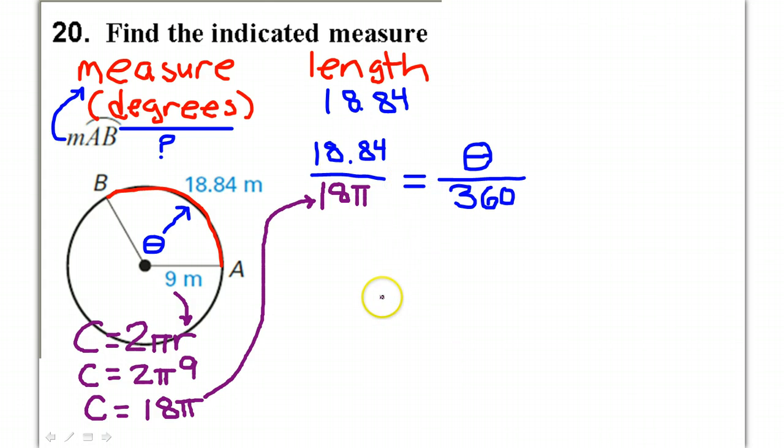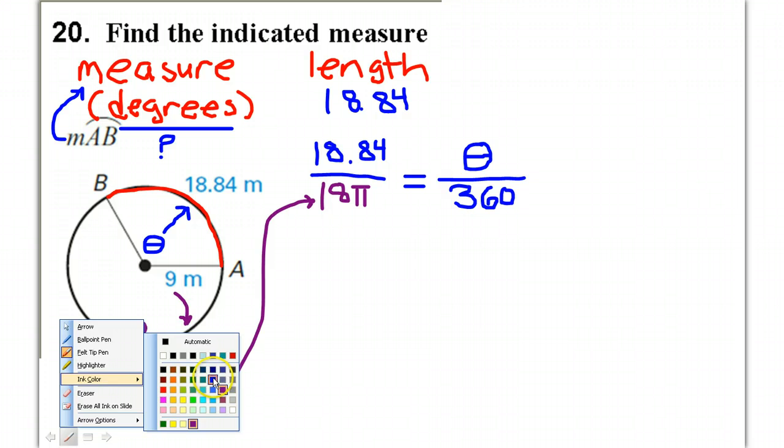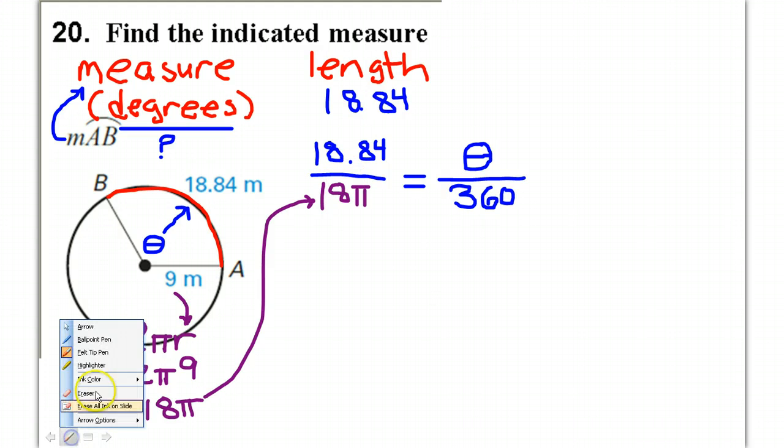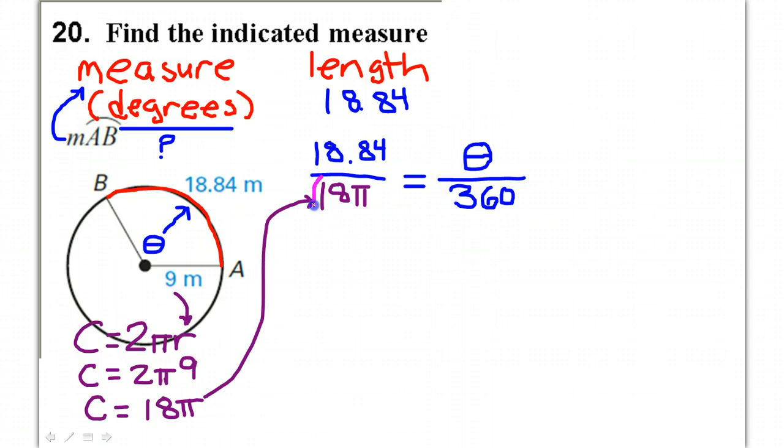Okay, I've got all these decimals. So there's nothing I can reduce, so the numbers might get pretty big, but that's okay. All right, so let's cross multiply. On this side, okay, so I'm about to do, all right, 18 pi times theta.